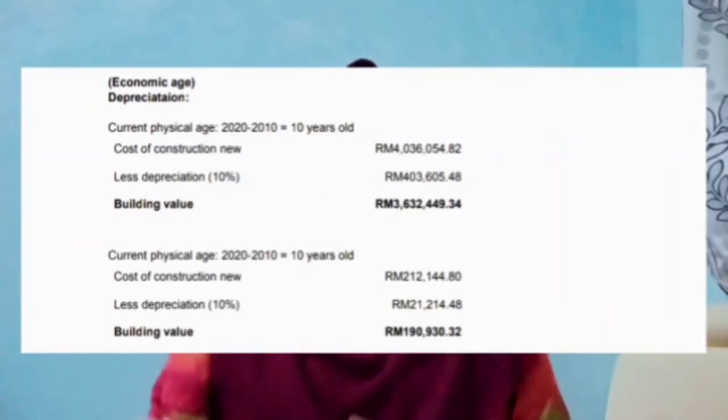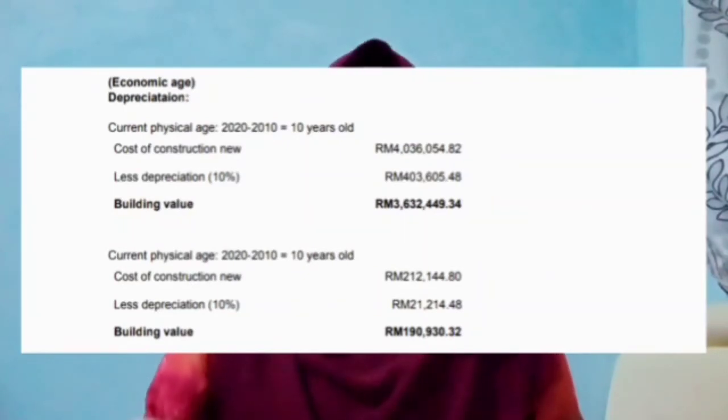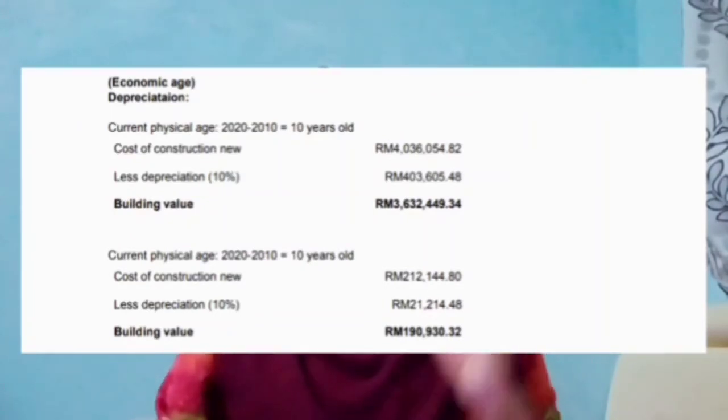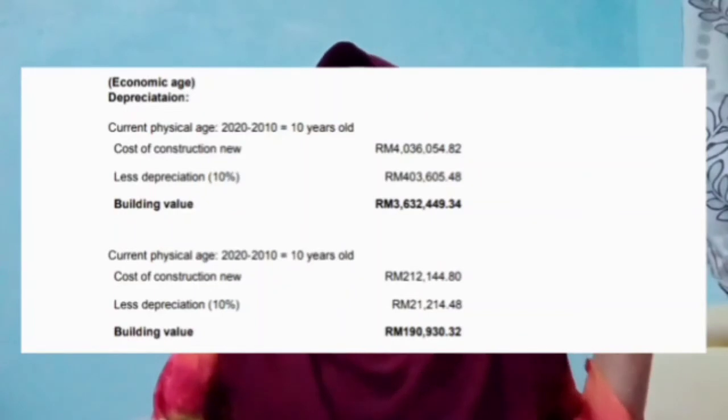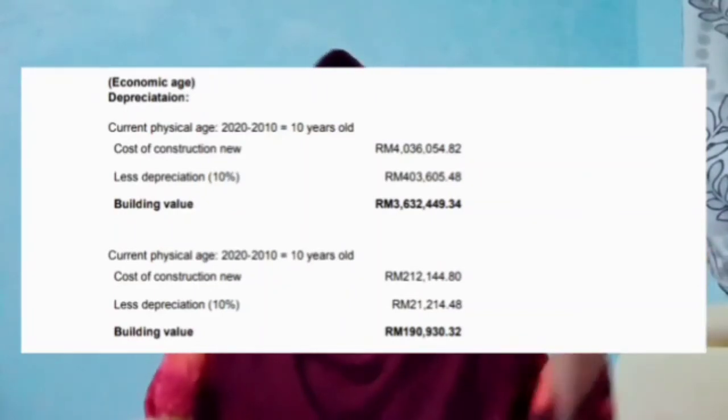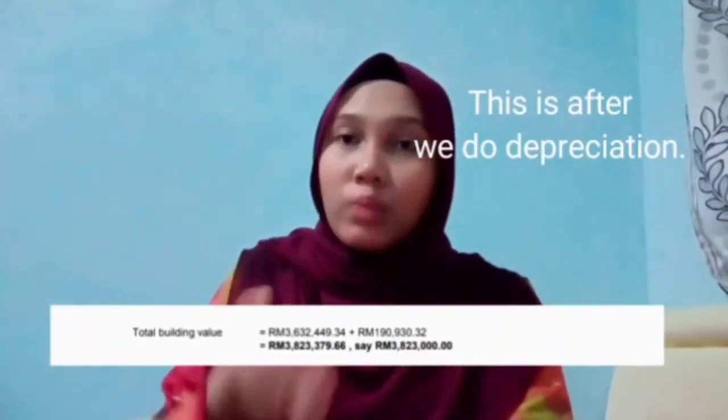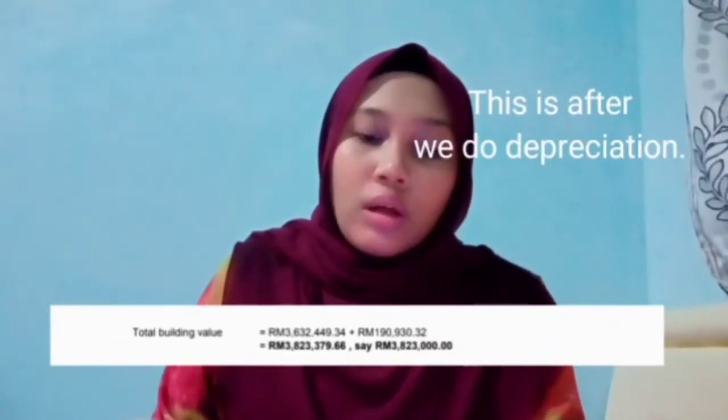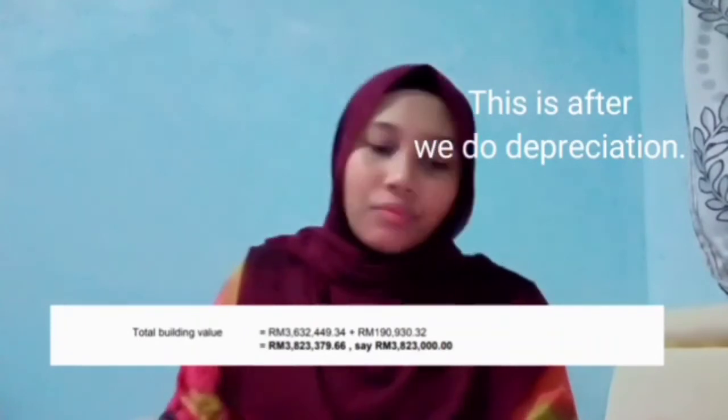But here we use 10% for both because it is a new building and the construction is very new, so we don't want to deduct much depreciation. That is why we only deduct 10%. So we get the total building value.